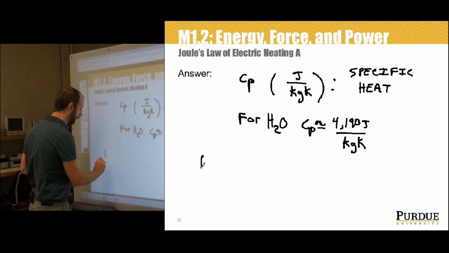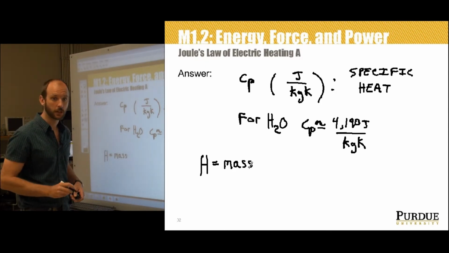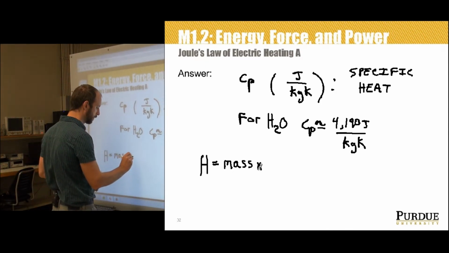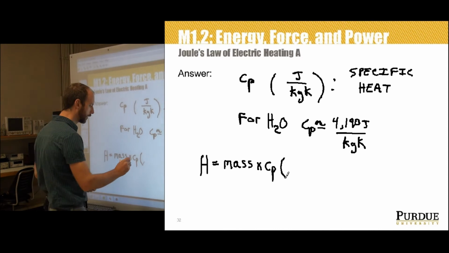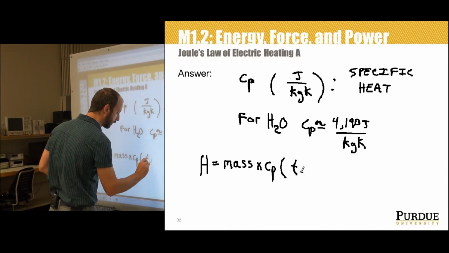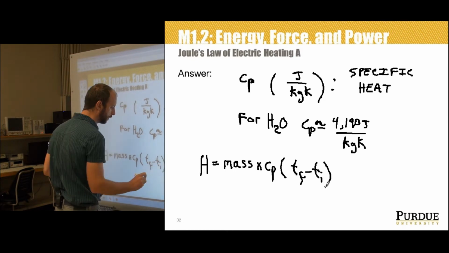So heat can be calculated as mass times specific heat times the change in temperature, and this is T final minus T initial.